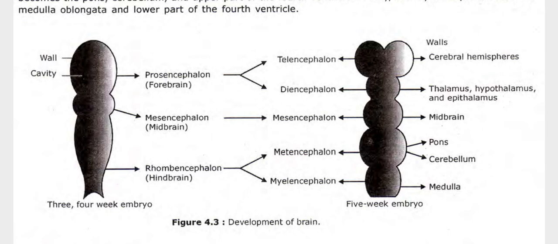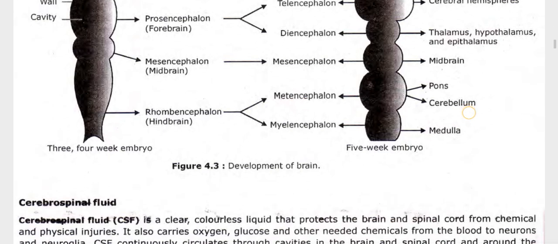Later, prosencephalon divides into telencephalon and diencephalon. Mesencephalon stays as just mesencephalon. Then rhombencephalon divides into metencephalon and myelencephalon. The telencephalon creates cerebral hemispheres. Diencephalon creates thalamus, hypothalamus, and epithalamus. Mesencephalon is the midbrain. Metencephalon is the pons and cerebellum region. Myelencephalon is the medulla region, in the case of the 5-week embryo.